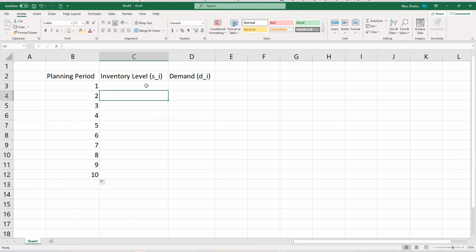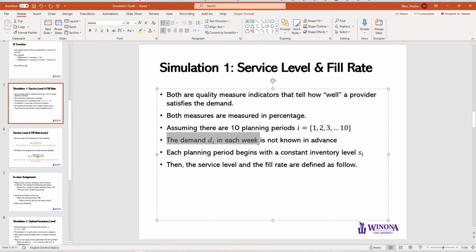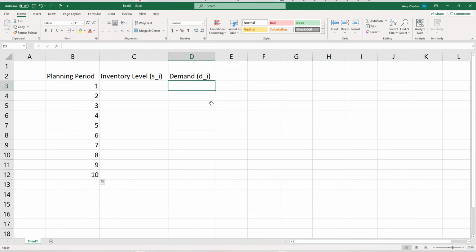Inventory level is something we'd like to pick later. And for the demand, if you recall the characteristics, the demand in each week or each planning period is not known in advance, meaning this is random. It will arrive as a random number.